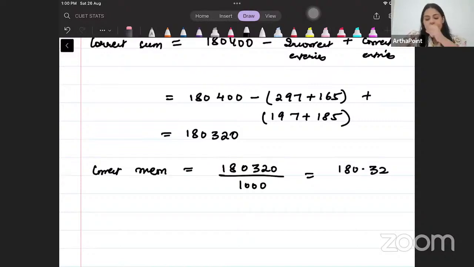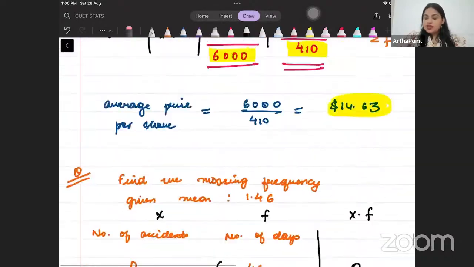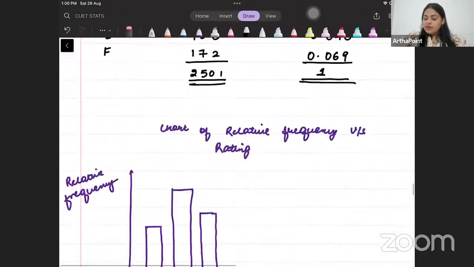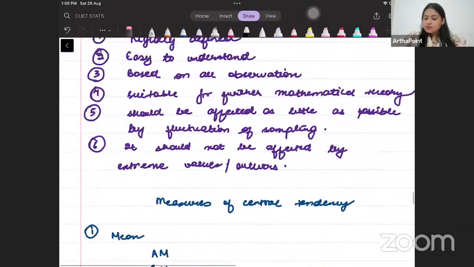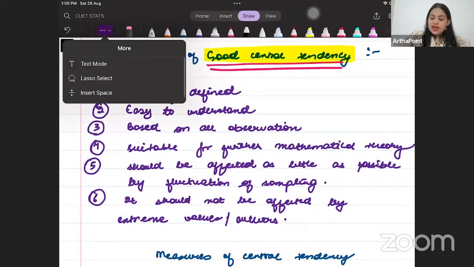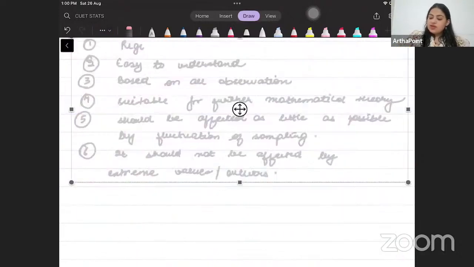Now let us go back to the table, to the features that we had written. These are the 6 features that I had about the prerequisites of the central tendency.